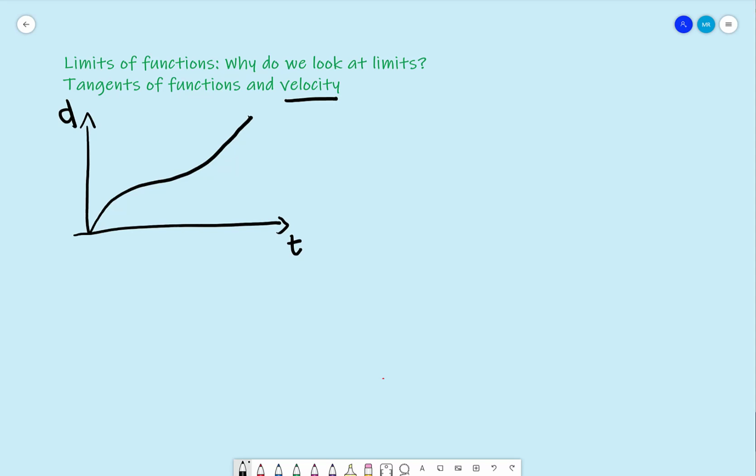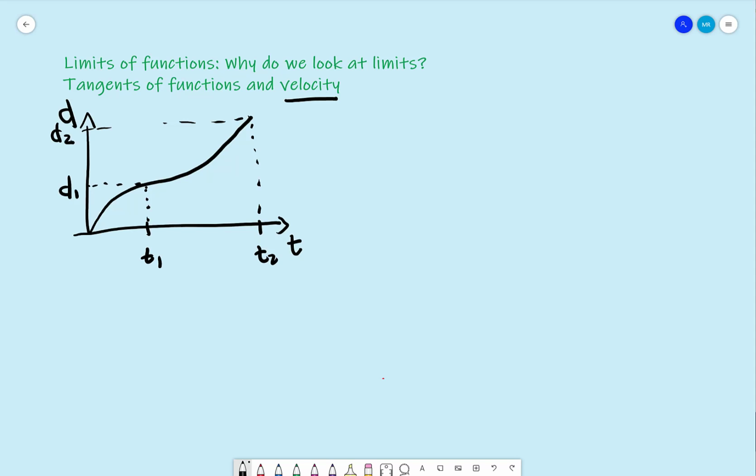We know that at a time, say t1, we can measure using the curve at what distance the object is. So say d1. We can look at another point, say t2, and using the curve measure the new distance d2.